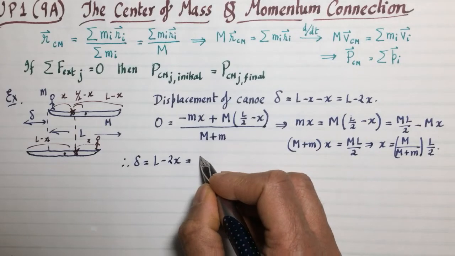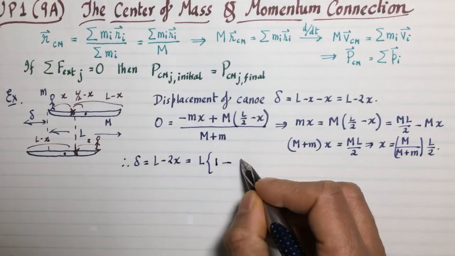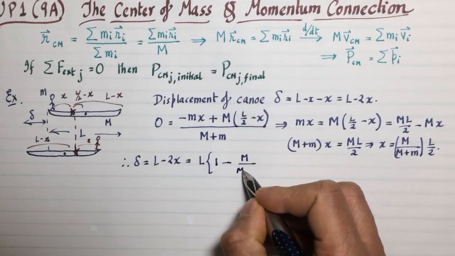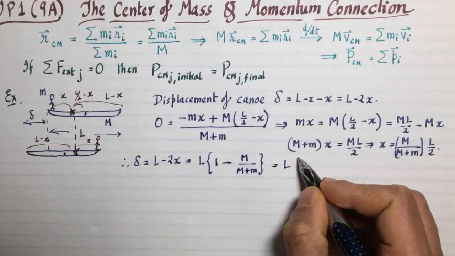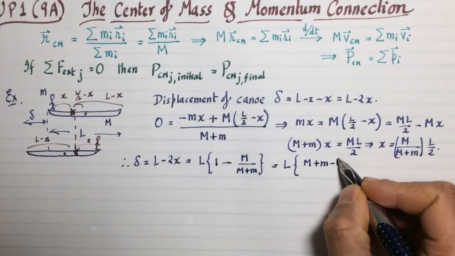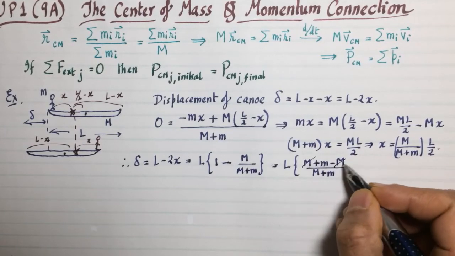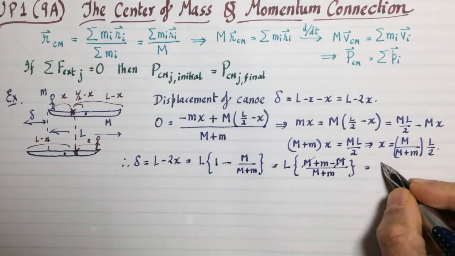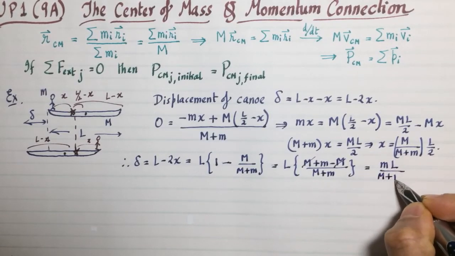So I'm just going to get L multiplied by 1 minus capital M over little m plus capital M. Now when I work the common denominators, I'm going to get little m plus capital M minus capital M over little m plus capital M. You'll notice the capital M cancels out, and so I have little m L over little m plus capital M. So that's the distance the canoe moves.